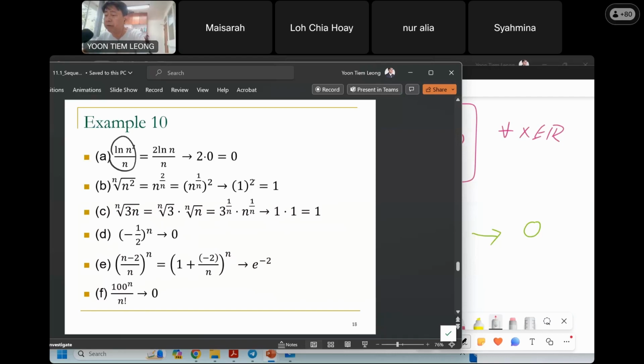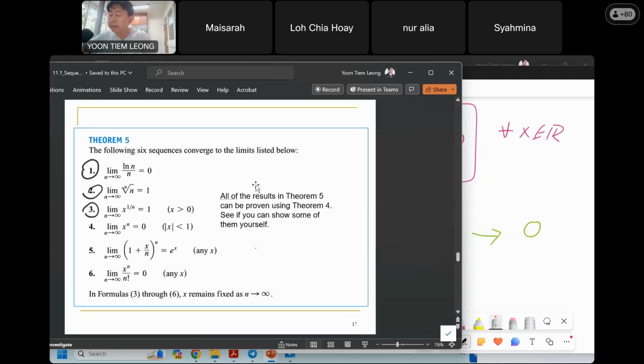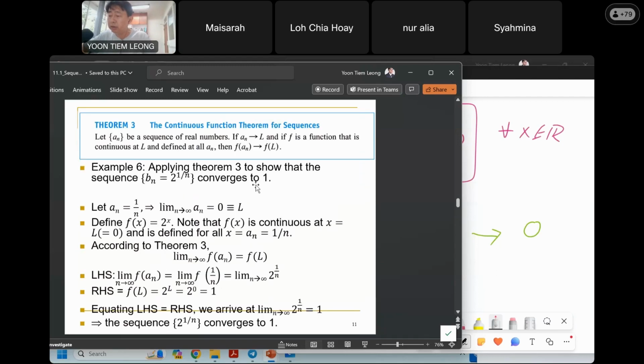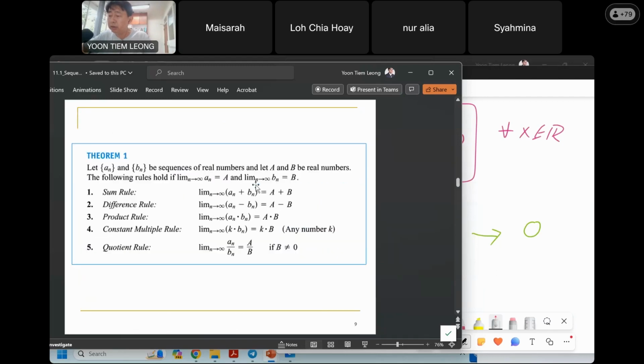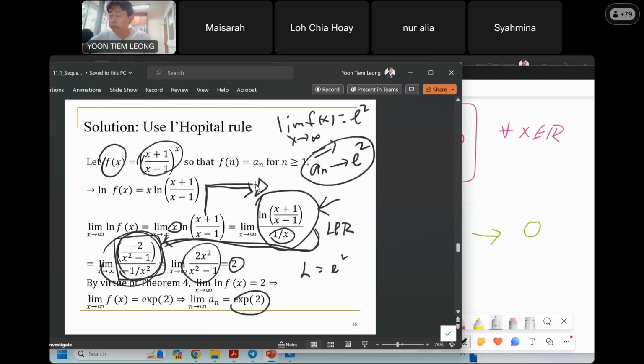So if you are given all these kinds of sequences and asked for the limit, then you can actually work out the limit of each sequence one by one by using theorem 5 that is discussed here in conjunction with the rules of the limits in theorem 1. So you have to make use of theorem 1 and also theorem 5.